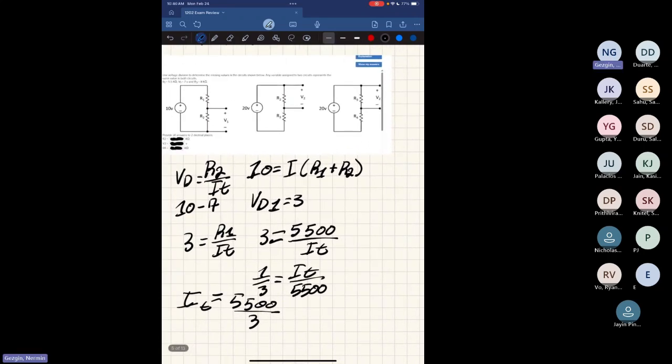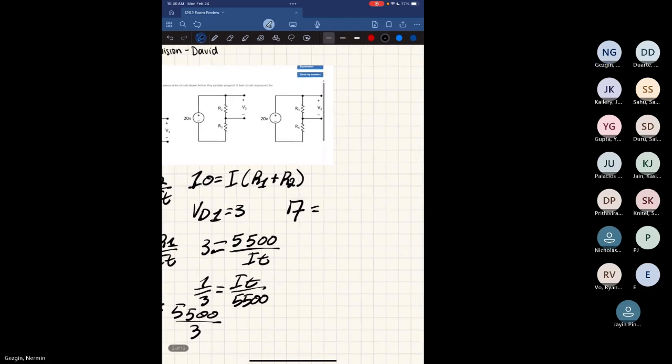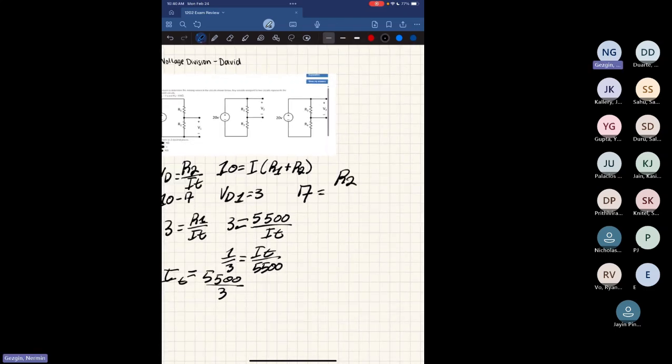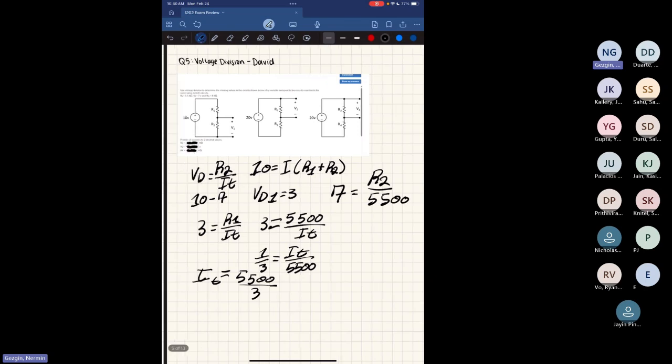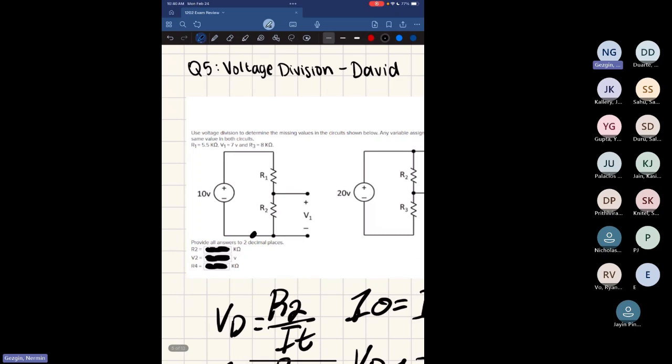So we can find the value of R2. Actually, no, we can calculate that just by, it's 7. Yeah. So 7 over R2, and it's 7 because the negative node right here has to be 0.